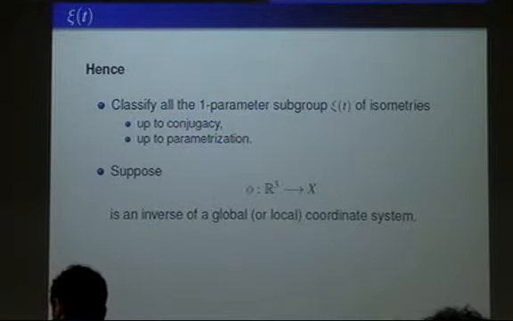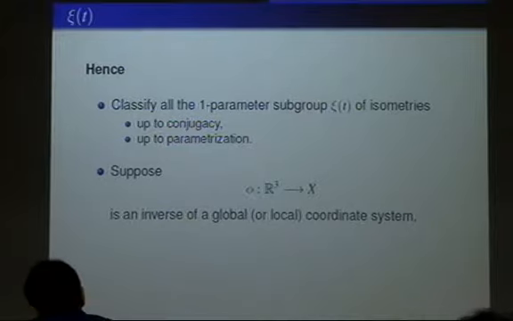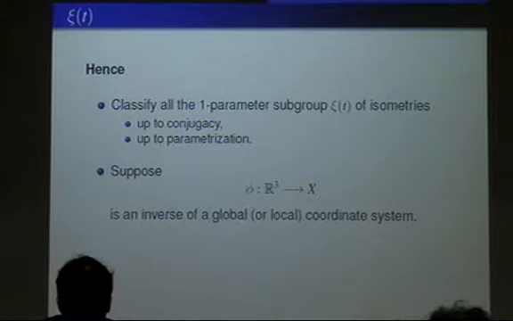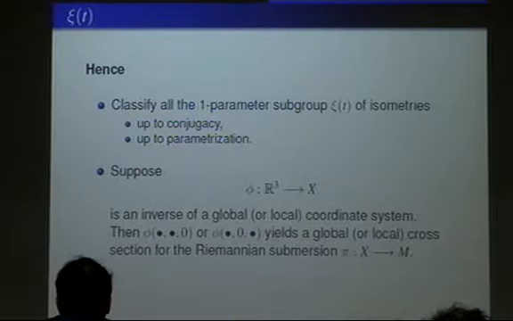Now, if you see the model spaces of the eight geometries, most of them have a global trivialization. So we can get a coordinate system from X to R3. The inverse map of this phi is the coordinate system. In most cases it's a global coordinate system, except the sphere case. Now by using this coordinate system, we can get a coordinate system for the orbit space.